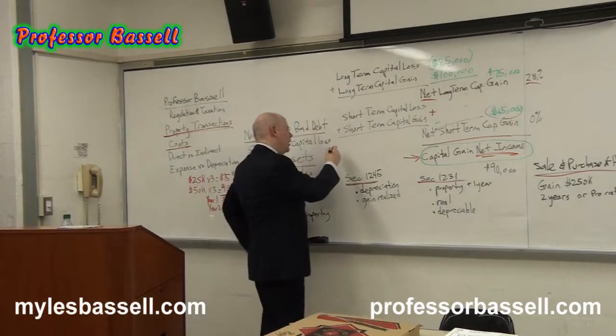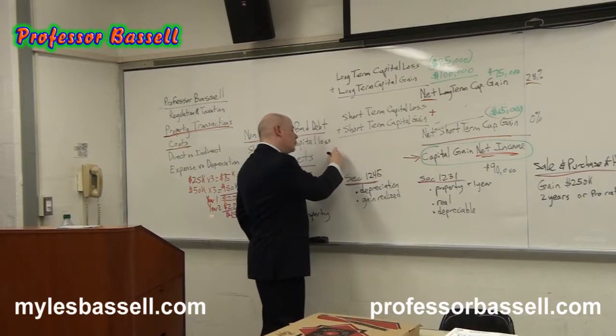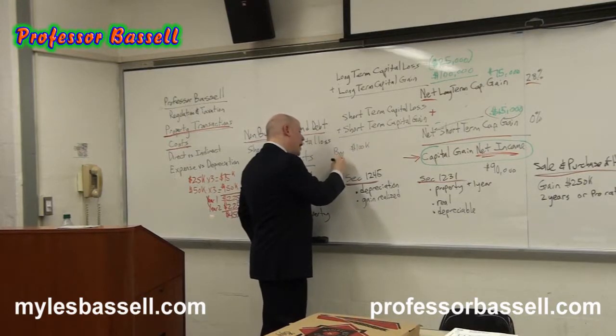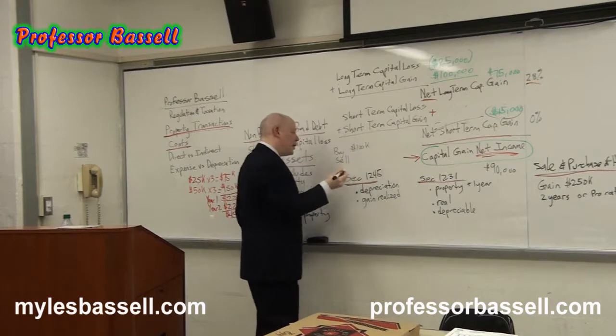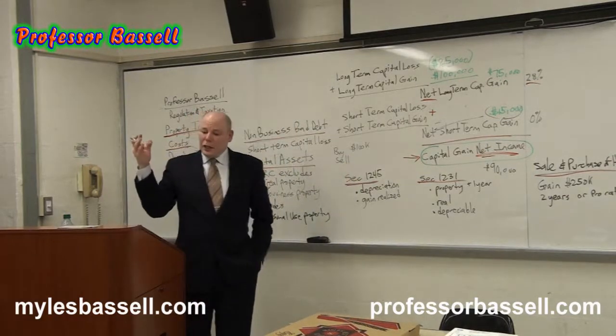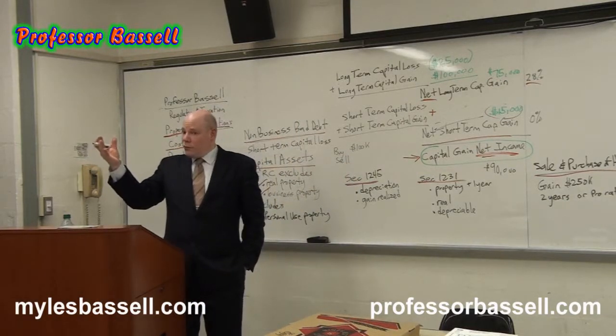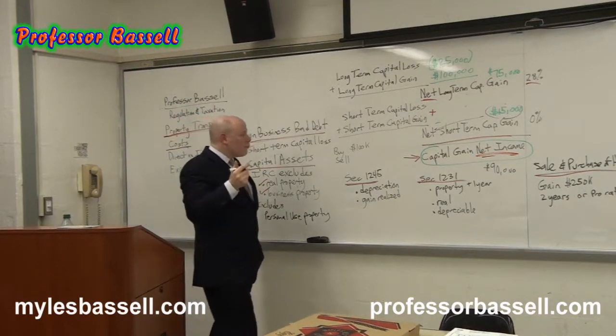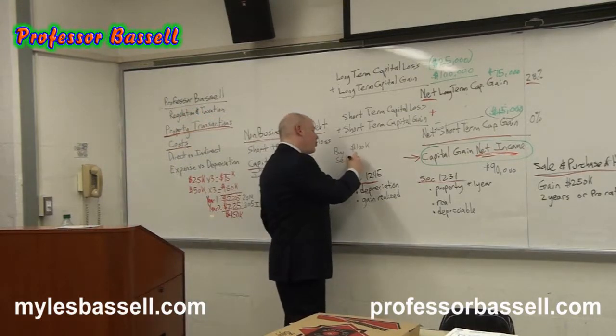So we buy the office furniture for $100,000, and because we bought good quality equipment, we were able to sell it for $120,000.